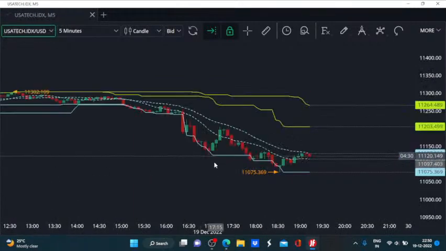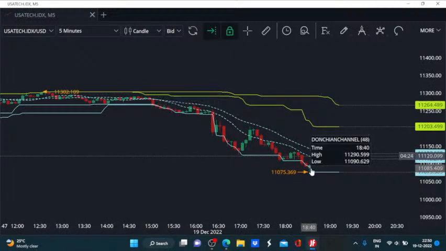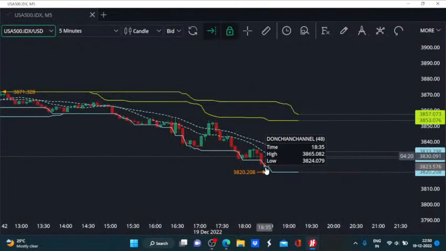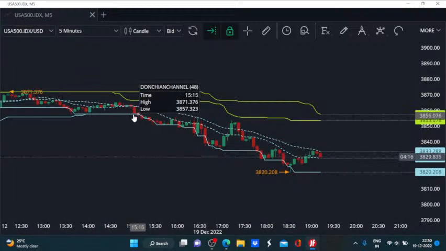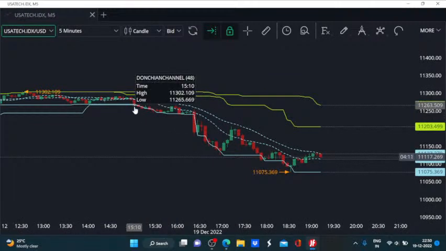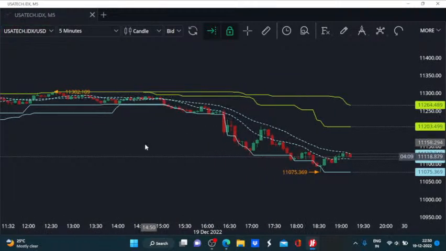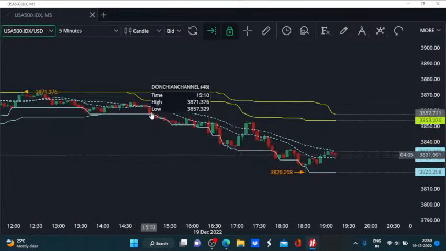Now, if we compare it to the prior range, it's around the same time, 1840 GMT. It is almost similar. So the price range is almost similar. There is not much of a difference between these two. So I think it is simply a matter of taste, or let's compare it in another way, that is the magnitude of decline.